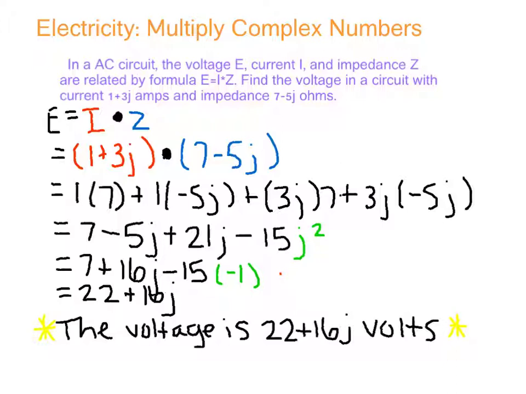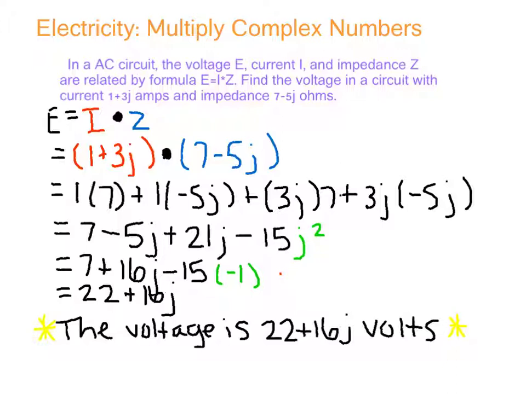This problem says, in an AC circuit, the voltage E, current I, and impedance Z are related by the formula E equals I times Z. Find the voltage in a circuit with current 1 plus 3j amps and impedance 7 minus 5j ohms.